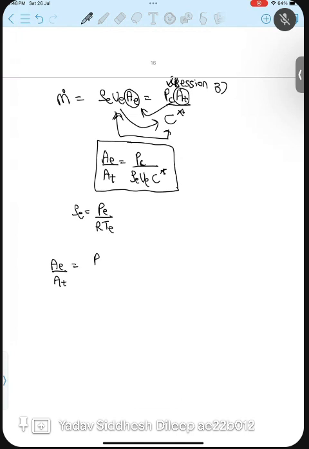So your area ratio AE by AT equals PC by P into RTE by C star.